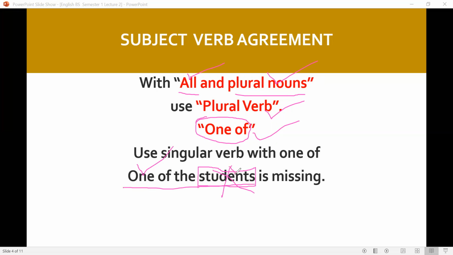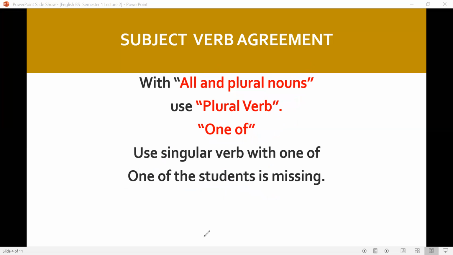He may use the verb according to students, but this plural students is not the subject. The subject is one. So be very careful in understanding the subject in a sentence. If you confuse the subject in a sentence, you will not be able to use a proper verb with it.